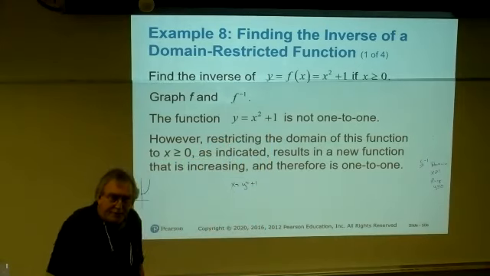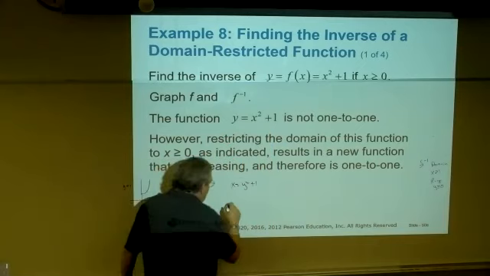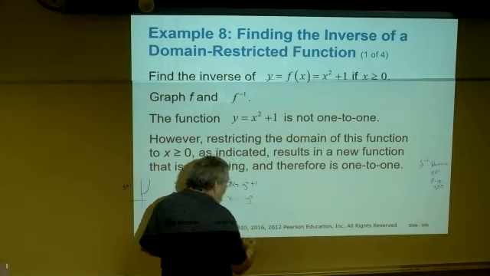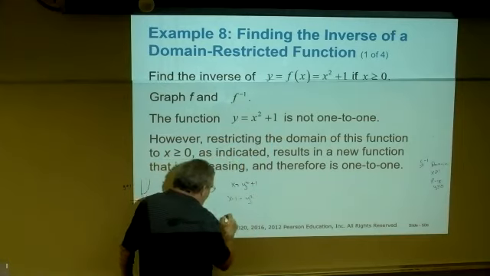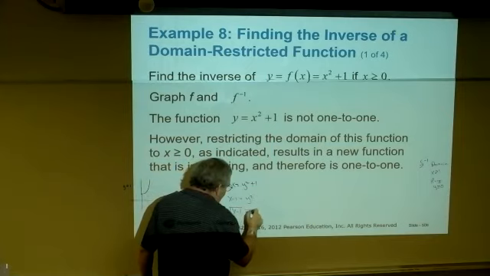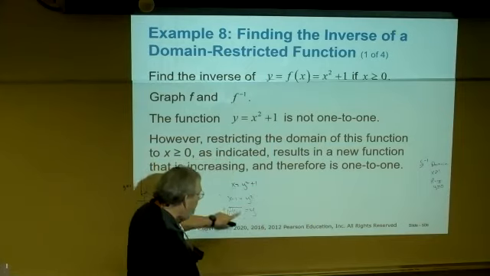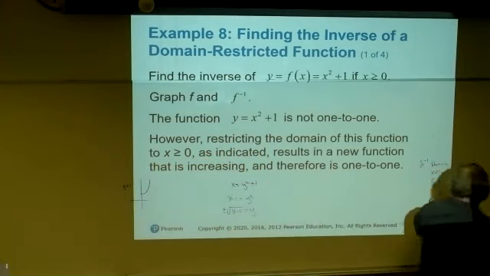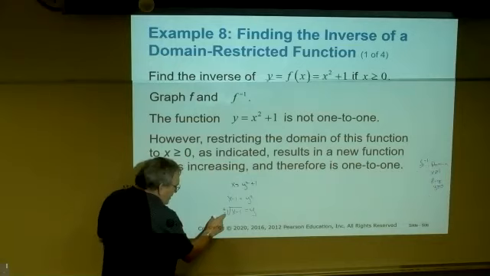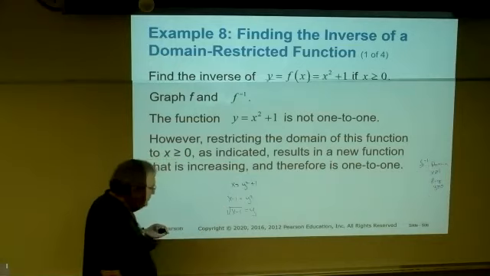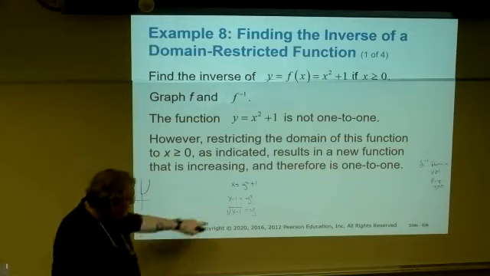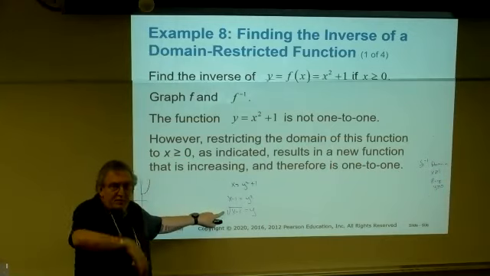That means I need to subtract 1 from both sides, so I get x minus 1 equals y squared. Now I take the square root of both sides, but normally we say plus or minus the square root of x minus 1 equals y. But y has to be positive or 0, so I drop the minus sign, and the square root is only the positive square root.